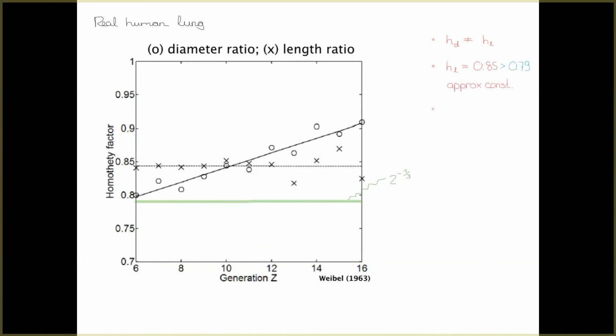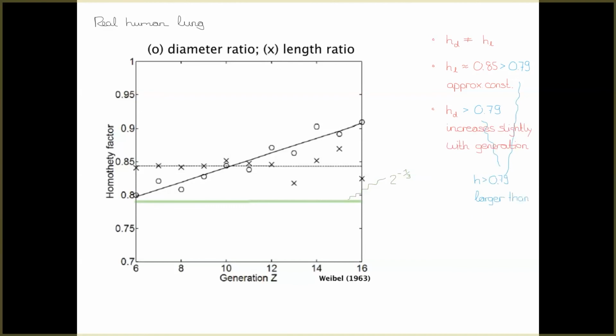It's larger than that one. It's approximately constant. For the diameter reduction factor, it's also larger. Actually, we start here at about the same value at generation 6, but then it starts increasing when we go to the higher generations. So it's moving to the safe side with the generation.